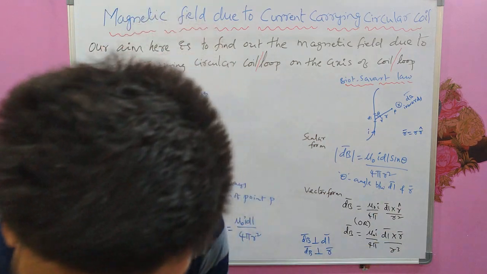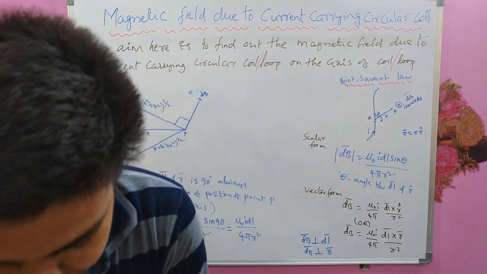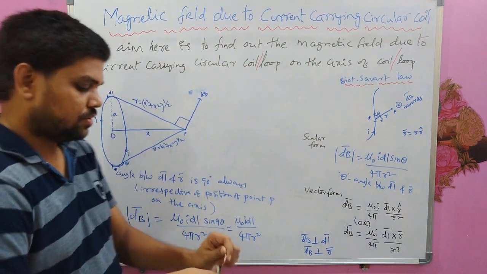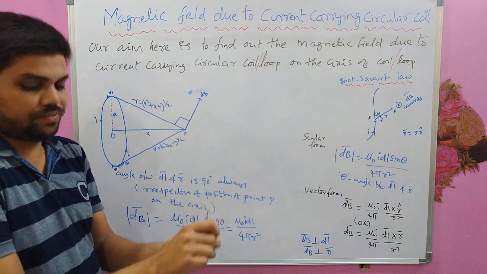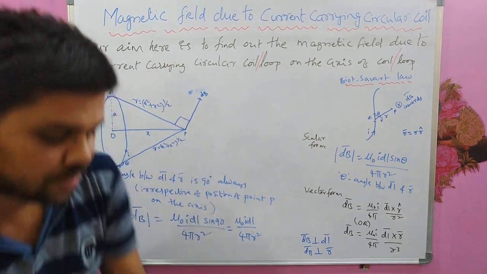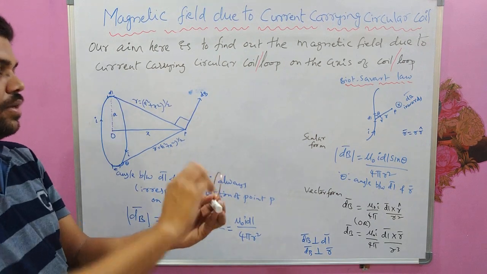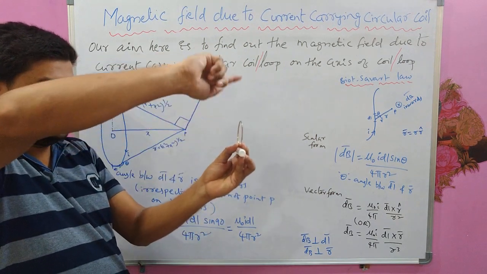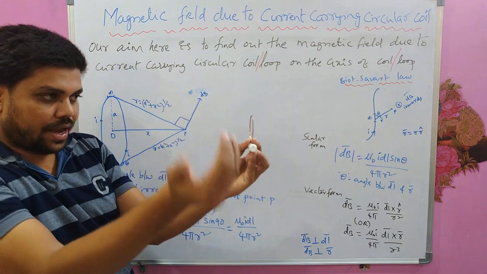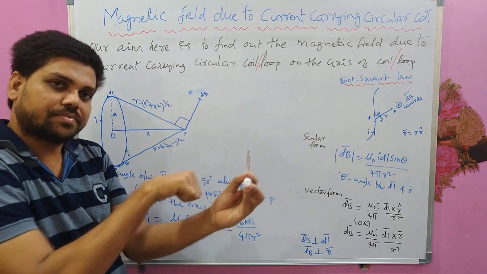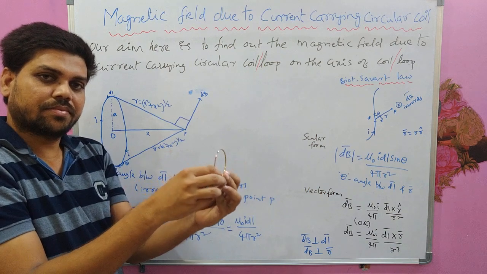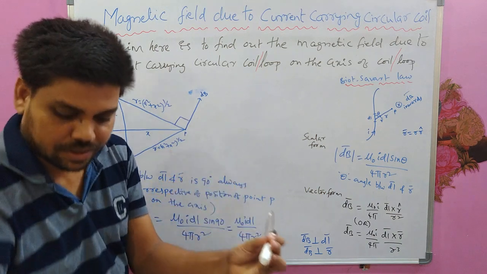How it is going to be different? Now let us see. So if you concentrate on the bottom of this circular coil, the current is flowing like this, actually in the clockwise direction, and here it is going this side, inwards, right?